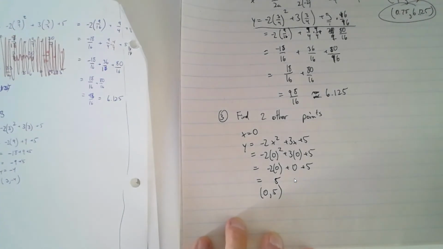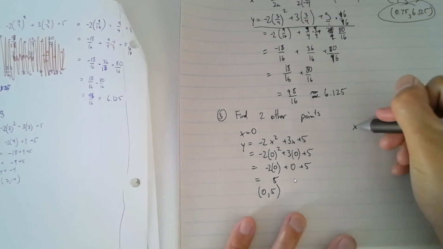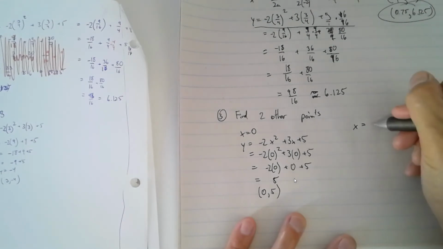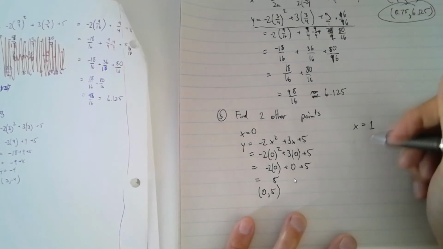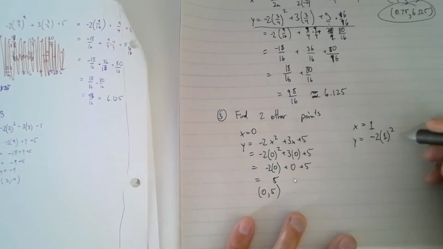All right. And let's pick another point. X is equal to, I don't know, like 1. Let's make it really, really simple. Okay, X is equal to 1. So y is equal to negative 2 times 1 squared plus 3 times 1 plus 5.